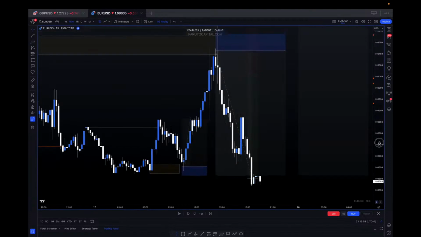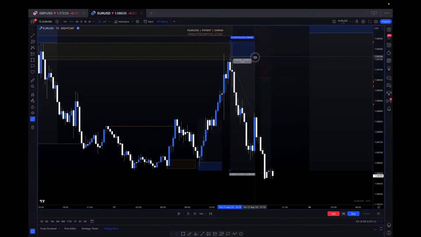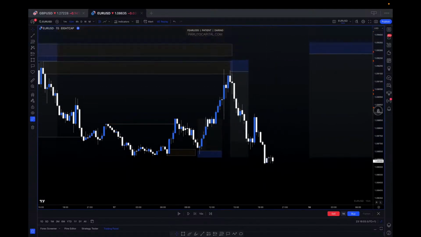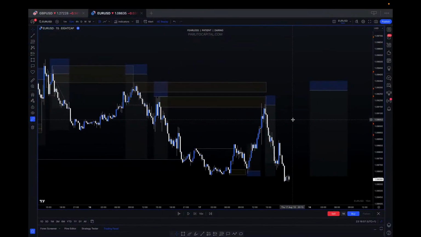That tells us that price failed to close below that low. So if that is the case, what are we expecting? Right, let me just make this a little smaller so our chart is not too clumsy. Since we have a sweep of liquidity there, we're expecting a reversal, right? Price failed to close below, so we expect a reversal. At least that's what I'm going to expect. So let's see what happens.